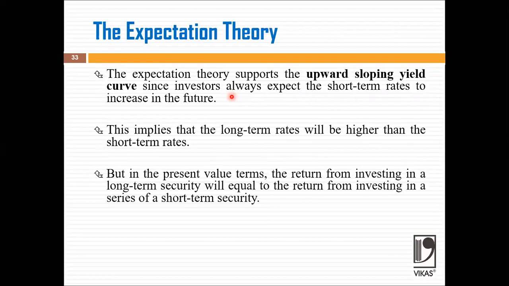Expectation theory is a theory behind the term structure of the bond. Investors have some expectations about the bond market. The expectation theory supports the upward sloping yield curve, since investors always expect short-term rates to increase in the future.